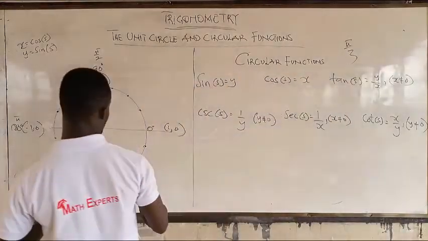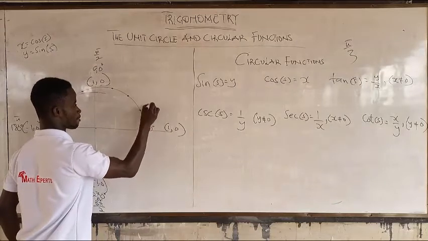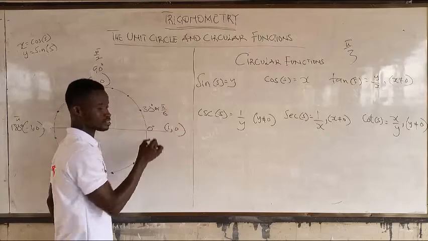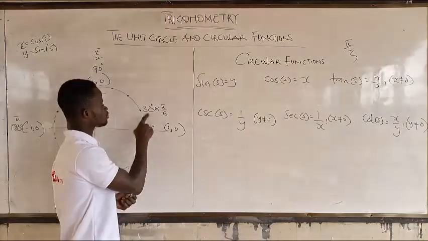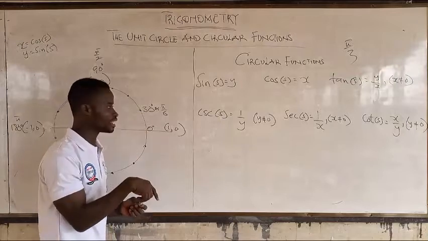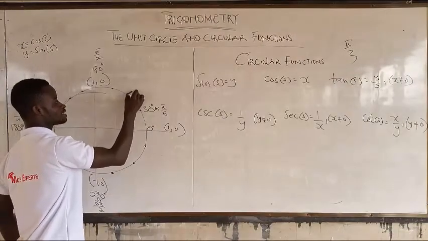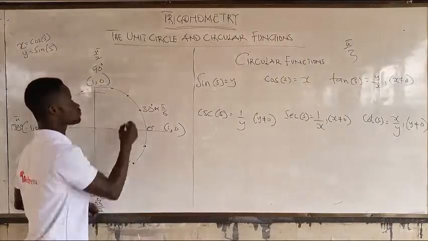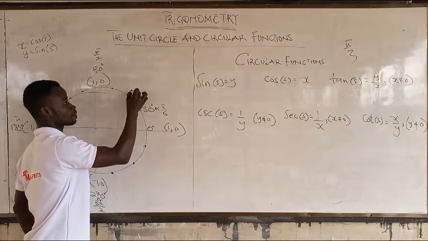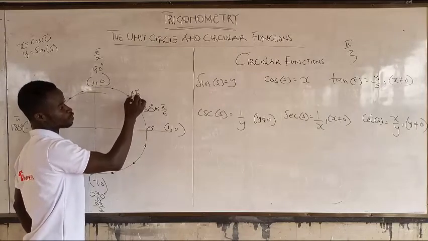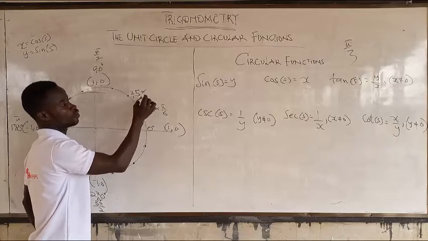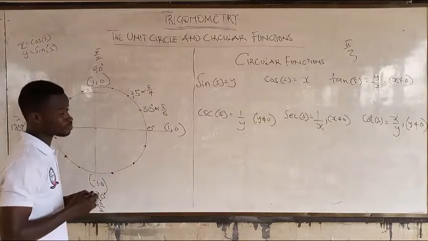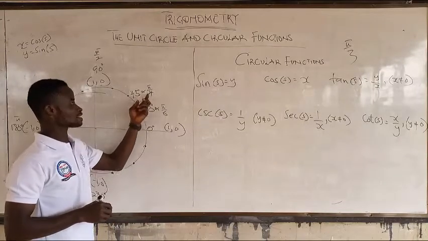Alright, so let's move on to find the points x, y for the other angles. We can get 30 degrees here, which is the same as pi on 6. That is when you multiply 30 by pi over 180. We can get 45 degrees here, which is the same as pi over 4.